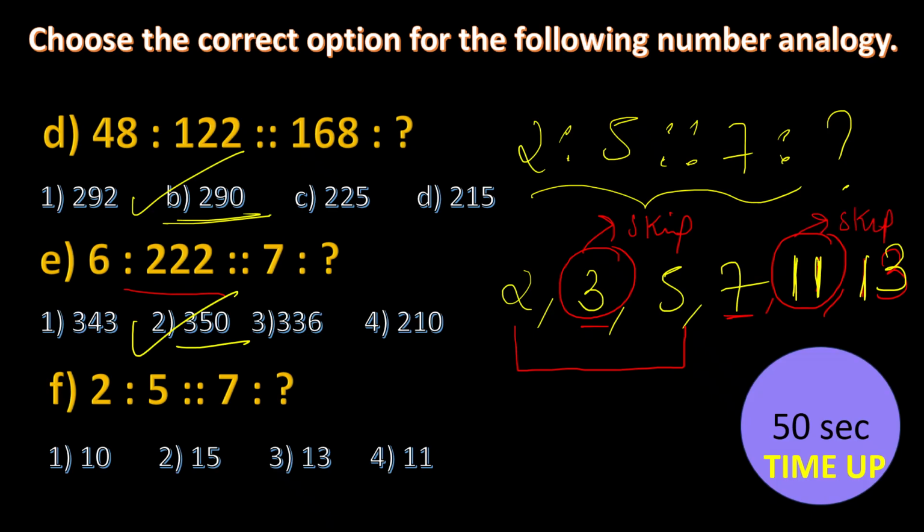Because you need to skip 11, because same logic is applied. After 2, 3 has been skipped and then 5 is there. So similarly, same logic you need to apply here. After 7, which prime number comes? 11. Correct? So you need to skip that. So answer will be what? 13. So your answer will be 13.